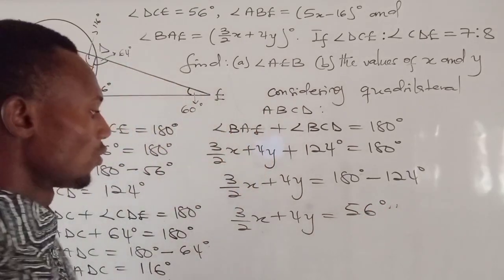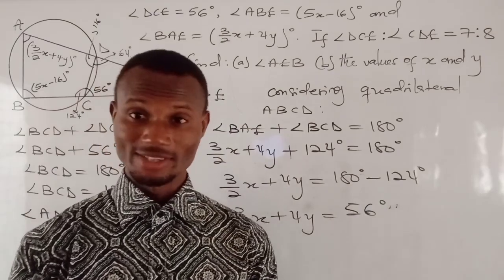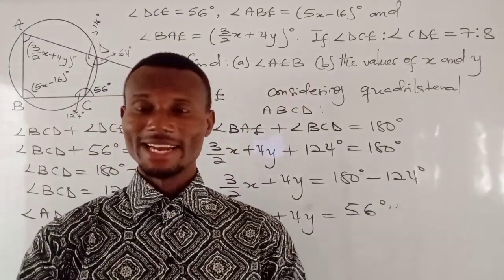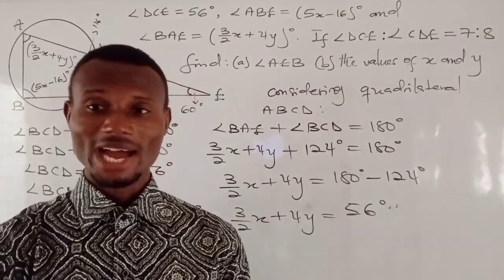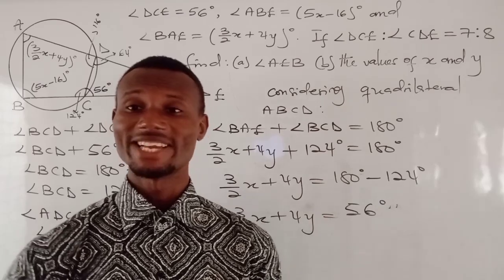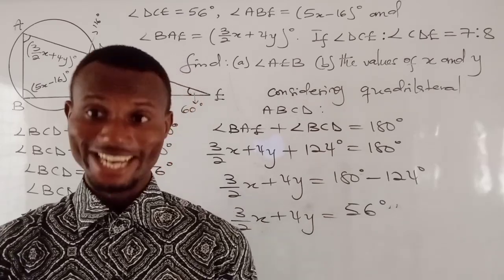So now what do we do from here? We just need to multiply through by the LCM. I've taught you linear equations as a full topic, so we are applying that knowledge here. I explained that anytime you have an equation that contains a fraction, the first thing to do is multiply through by the LCM.